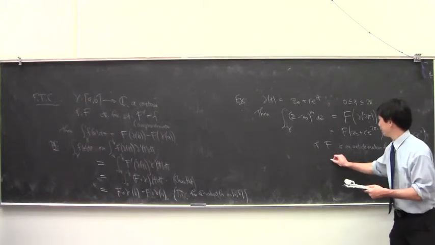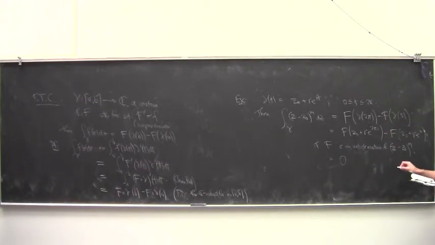And that will be equal to 0. If there is an antiderivative then this is going to be 0, because we get F at this point minus F at this point, but they're the same point.